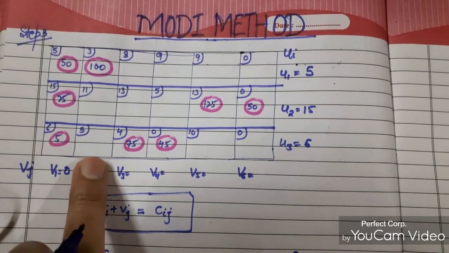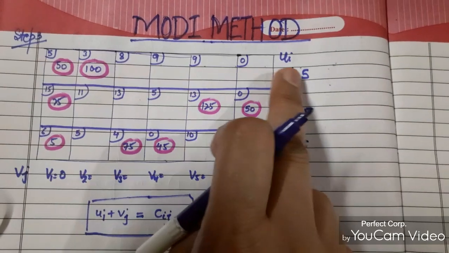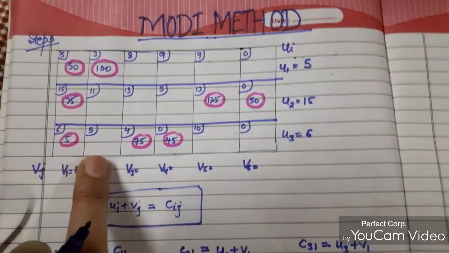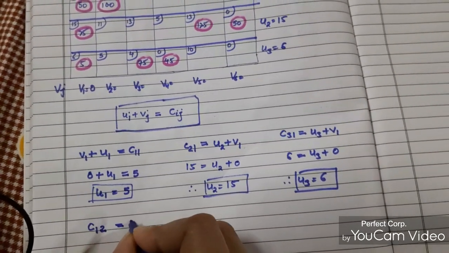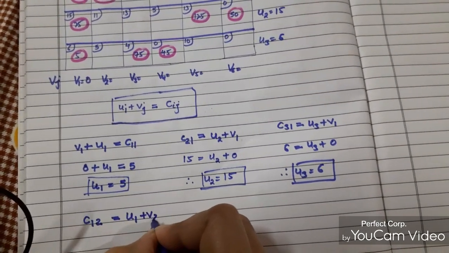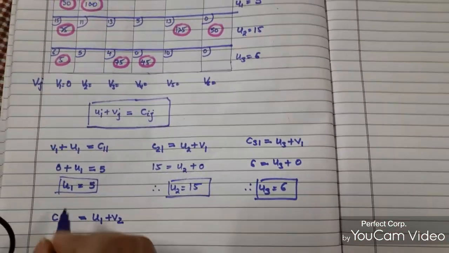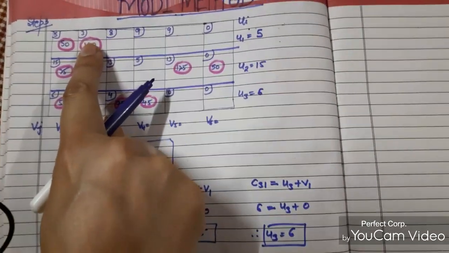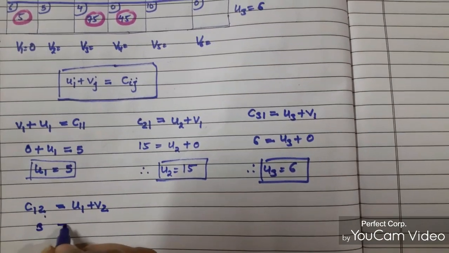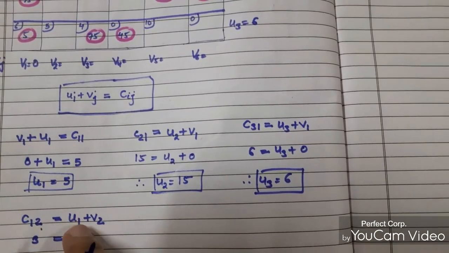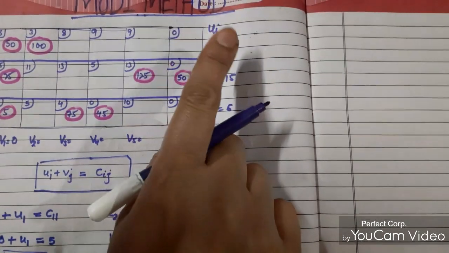Now we move to v2. For v2, we have the allocation in this cell, first row, second column, C12. That means u1 plus v2. The cost of C12 is 3. So we write 3 equals u1 plus v2. Do we have u1? Yes, u1 is equal to 5.